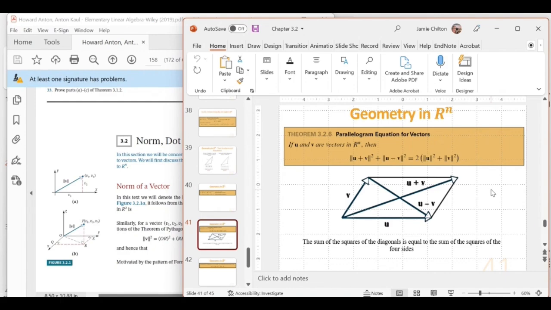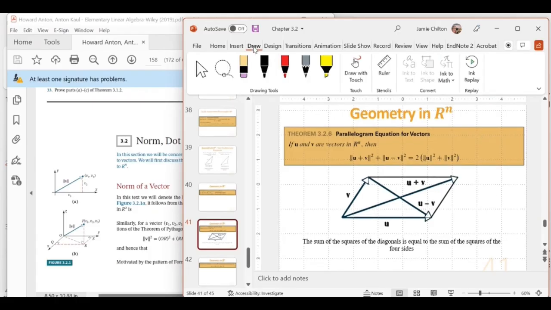Then here is the other theorem, 3.2.6. This is the parallelogram equation for vectors. I'll get my highlighter here. What it's saying is that the sum of the squares of the diagonals, which I'll highlight here, is going to be equal to the sum of the squares of the four sides.